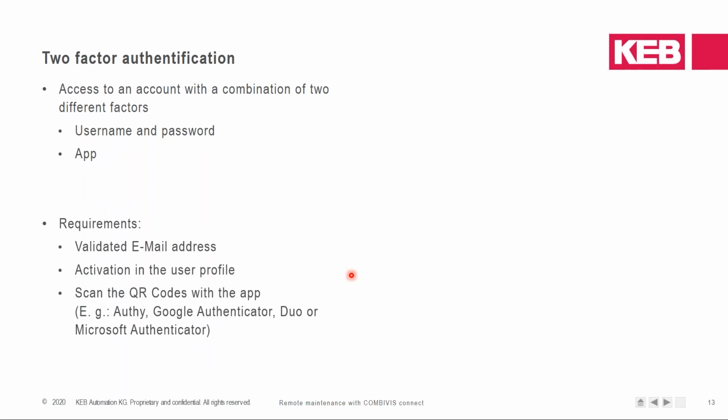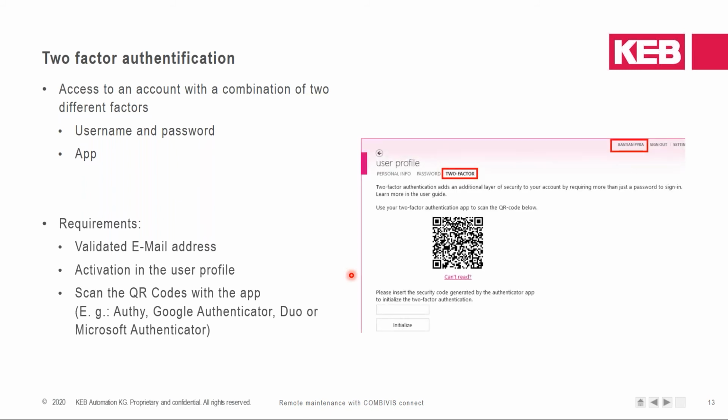Then you can go into your profile and activate it. The scan of the QR code, which you can see here, with the specified app is necessary, and then you can use the two-factor authentication at the next sign-in. So it means you always need the app connected with this account, and your username with a password.